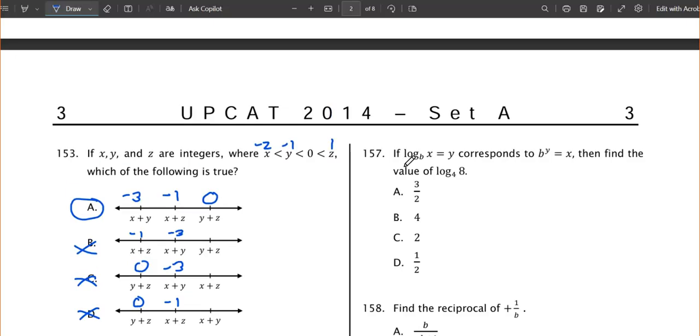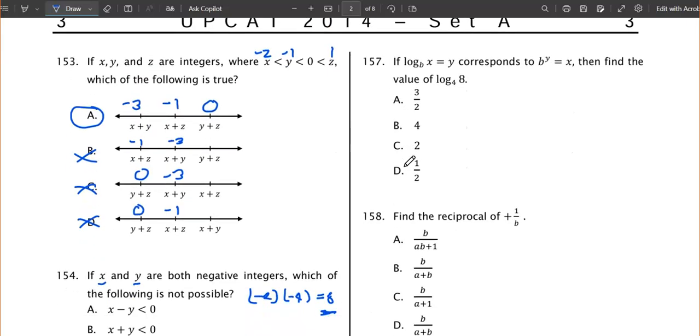Let's do number 157. If log of x base b is equal to y corresponds to b raised to y equals x, then the value of log of 8 base 4 is equal to what? So remember, logs equal exponents always. So log 8 of base 4, this is equal to, in exponential form, 4 raised to x equals 8.